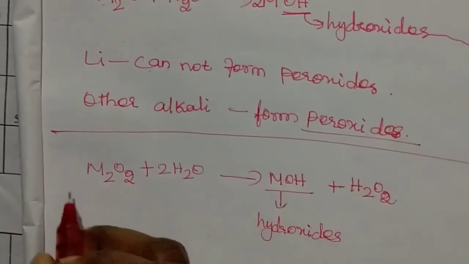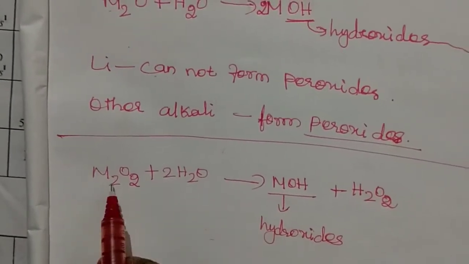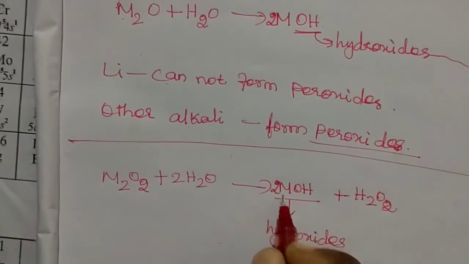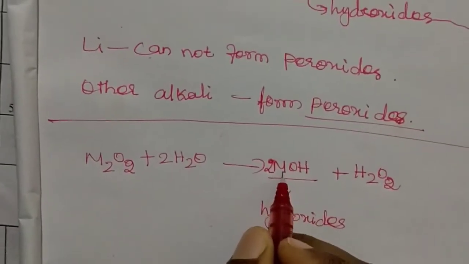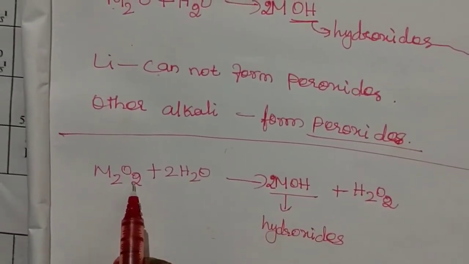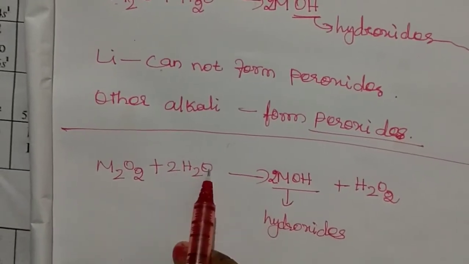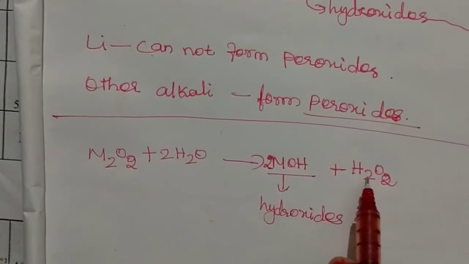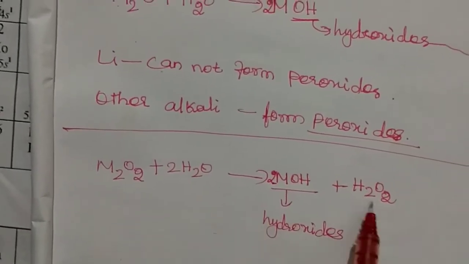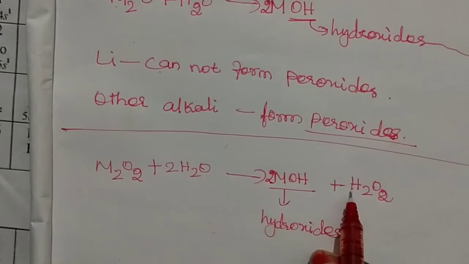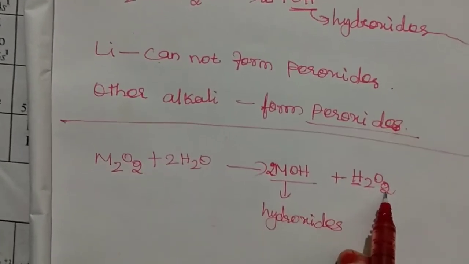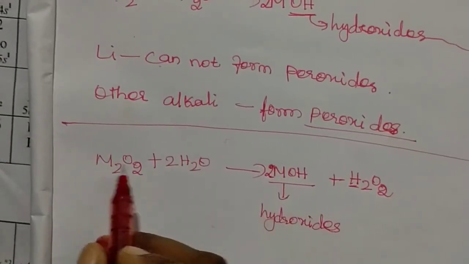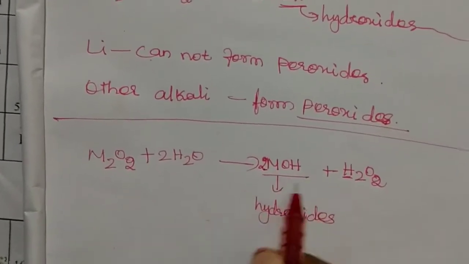H2O2, hydrogen peroxide. So now you can take M2 as 2 molecules of M, then O2, here also O2. One O2 is combined with the M and one O2 is combined with hydrogen. Two hydrogen is combined with 2 oxygen, then the remaining 2 hydrogen is combined with MO.